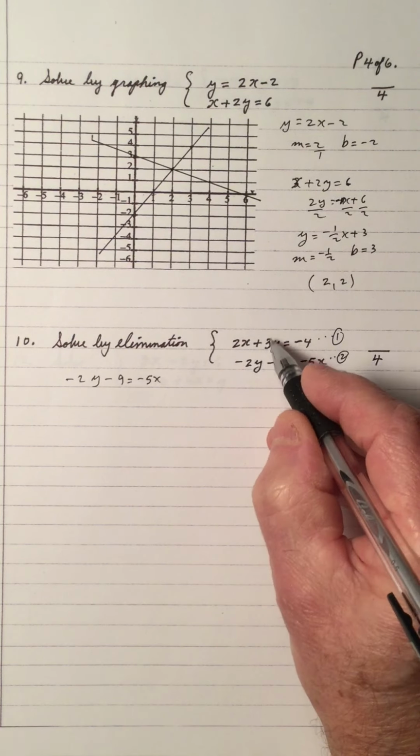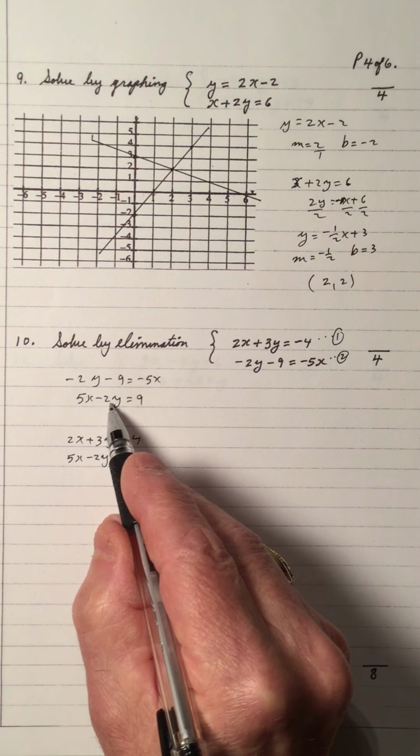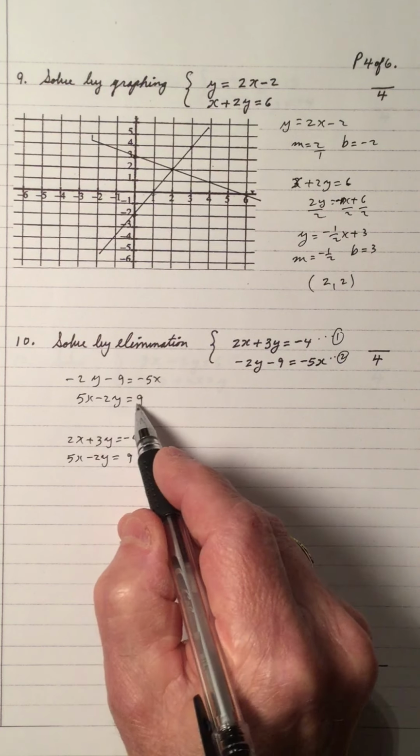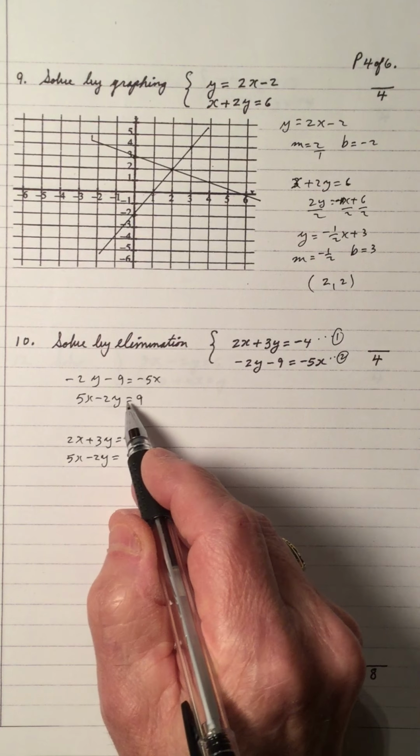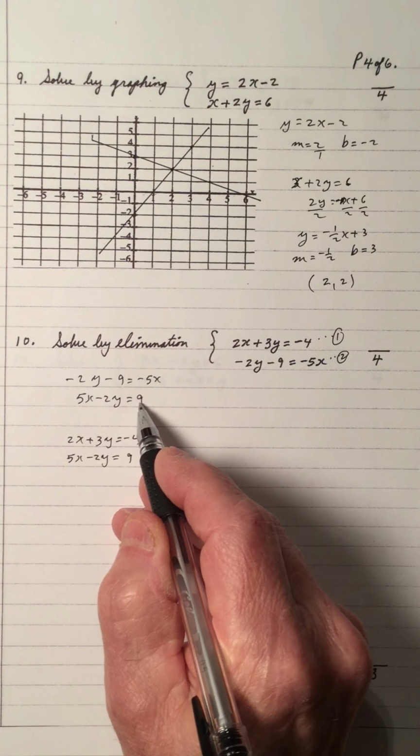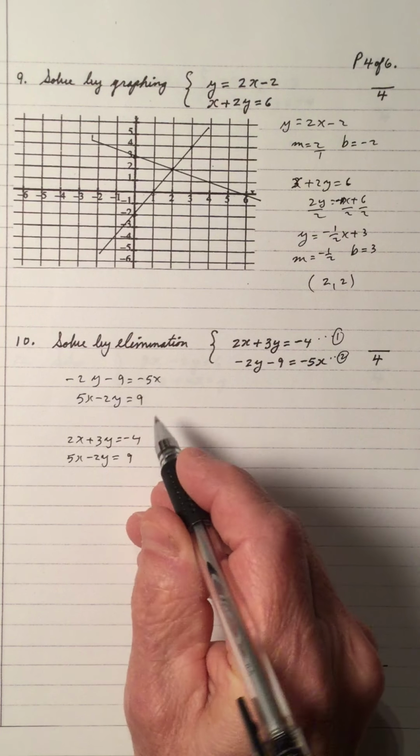Now I have 2x plus 3y equals negative 4, and 5x minus 2y equals 9. The x and y go on the left and the constant goes on the right, and when we move terms, we change signs because we're transposing.